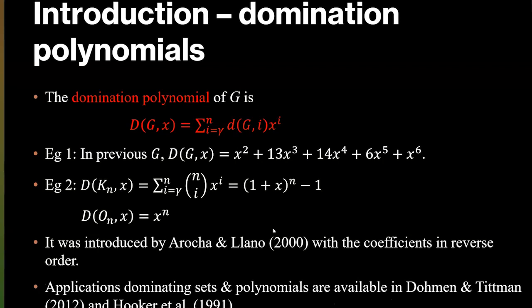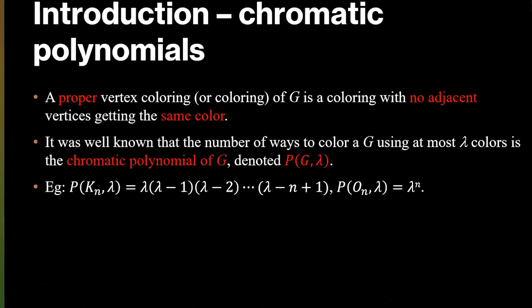Probably all of us know that this concept was introduced earlier in 2000 with the coefficients in reverse order. If we want to know more about the applications, we can look at two papers here in 2012 and also 1991. This is more about dominating sets.